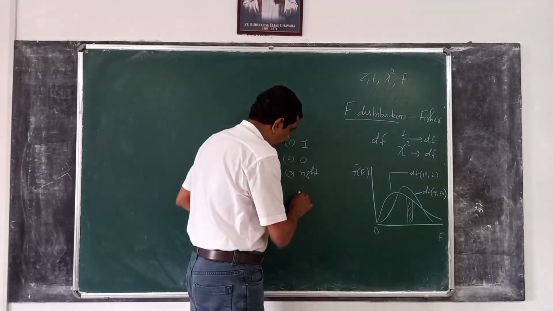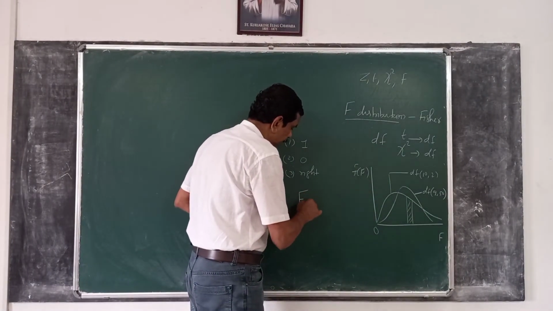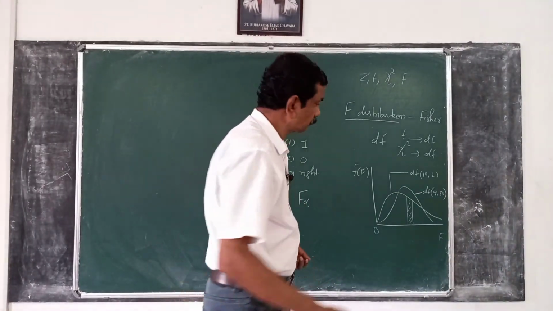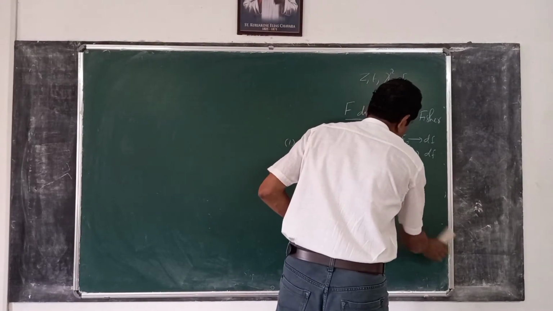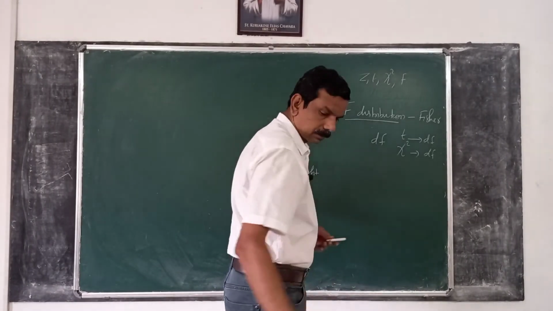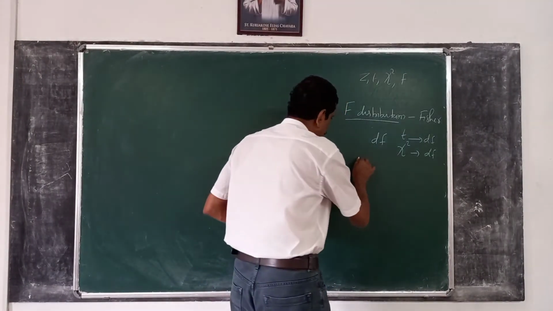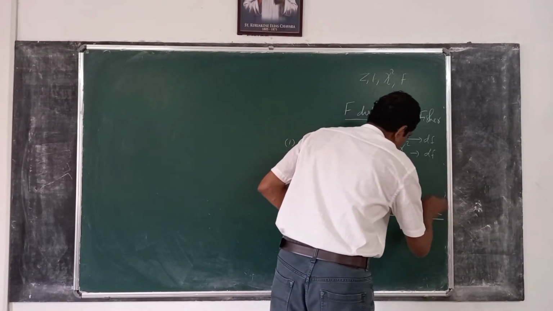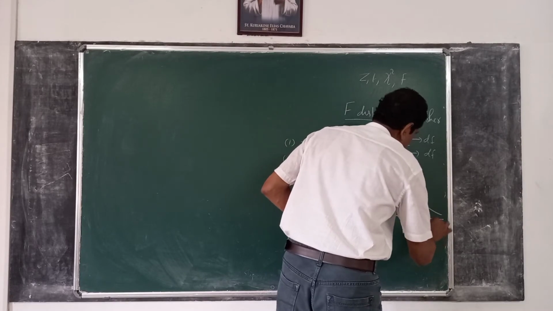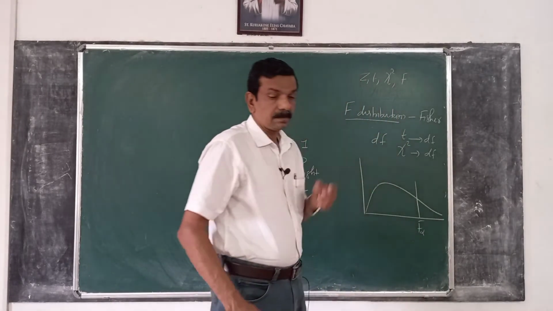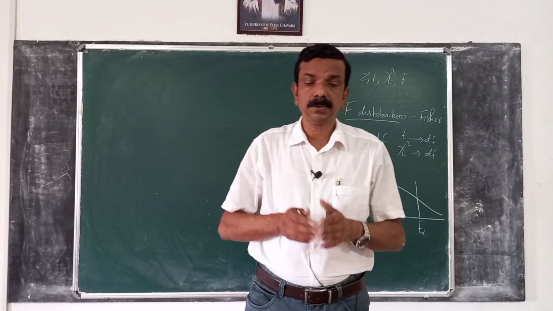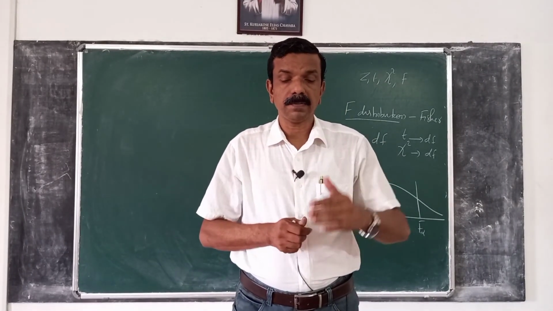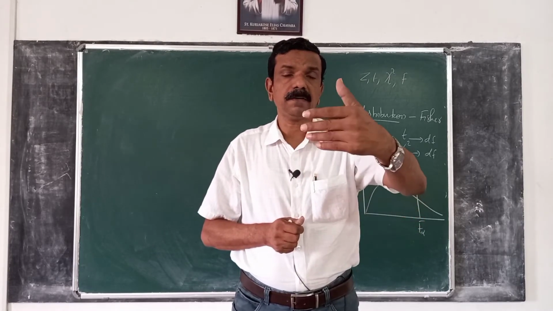Now the symbol F alpha is used to denote the F value having an area alpha to its right.